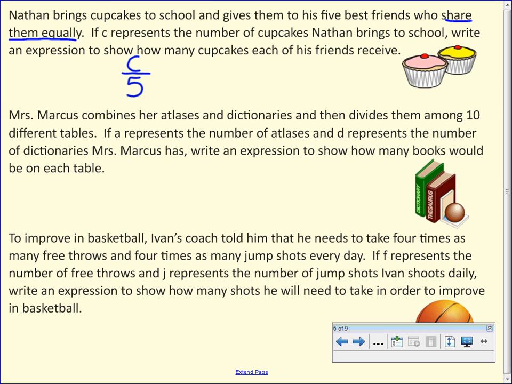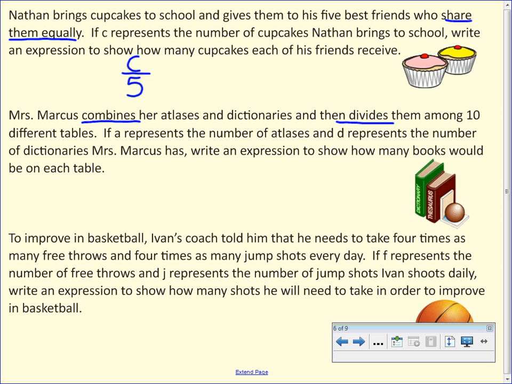Mrs. Marcus combines her atlases and her dictionaries. First we're combining atlases and dictionaries. Then we divide them among 10 different tables. If A represents the number of atlases and D represents the number of dictionaries Mrs. Marcus has, write an expression to show how many books would be on each table.